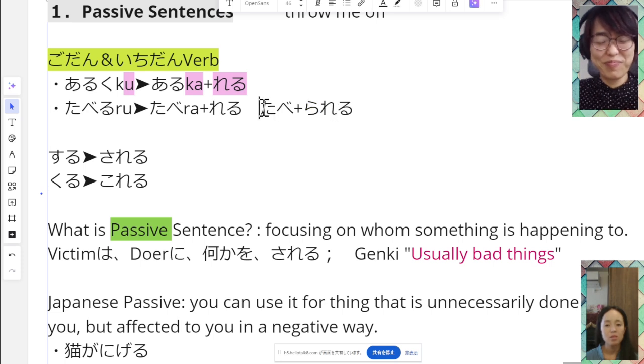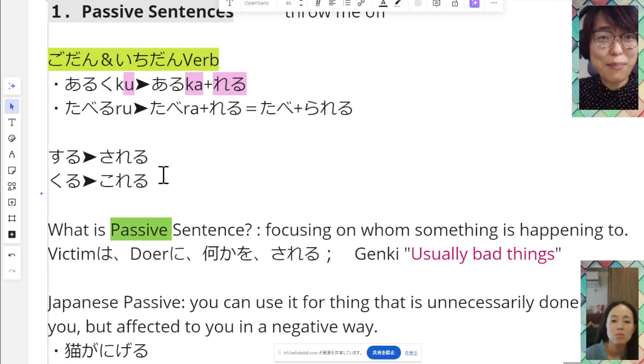But instead, he introduced one solid, fixed idea: you can apply this rule to both groups. But you have to remember these: する, される, and 来る, 来られる.